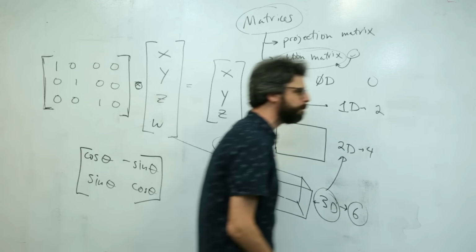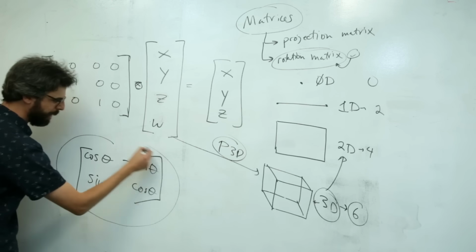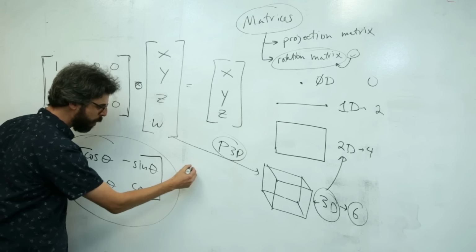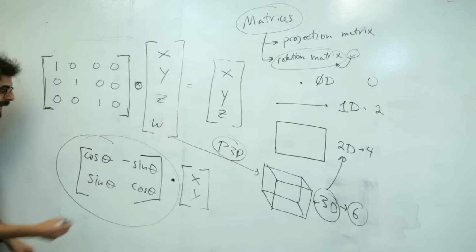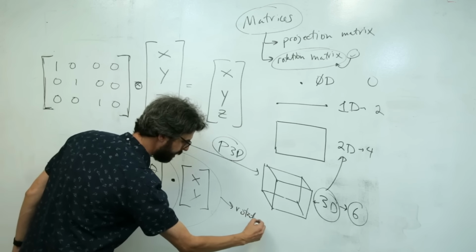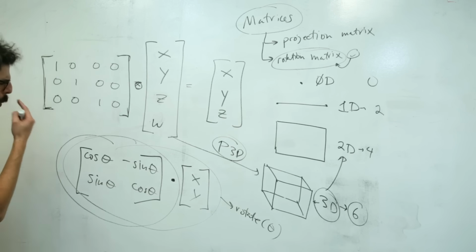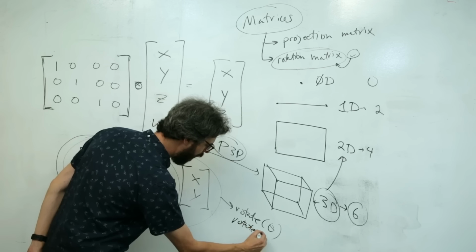Did I get that right? Looks like I did. So this is a 2D rotation matrix. If I take this rotation matrix and do matrix multiplication with any given 2D point, this is exactly the math behind rotate in Processing by theta.